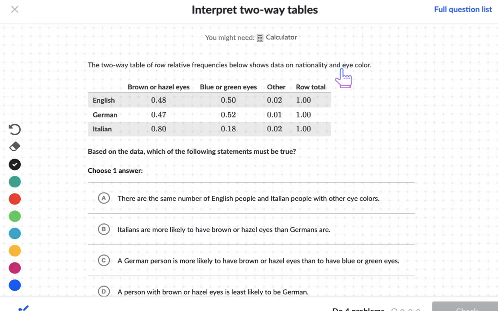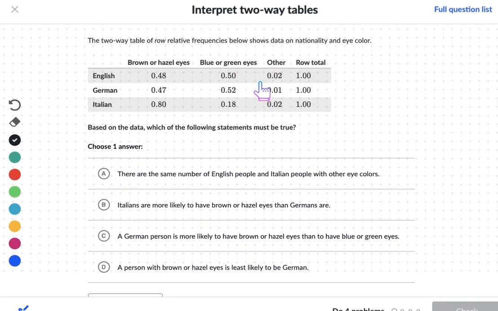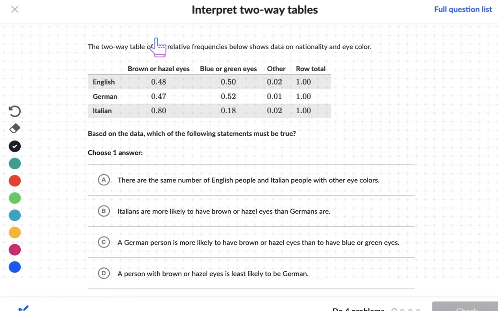Okay, let's take a look at this example from Khan Academy for interpreting two-way tables. It says the two-way table of row relative frequencies. That's very important. Rows go left to right. So if you notice, they're giving you the row totals. So these numbers are the frequencies out of the row. So this is out of all English.